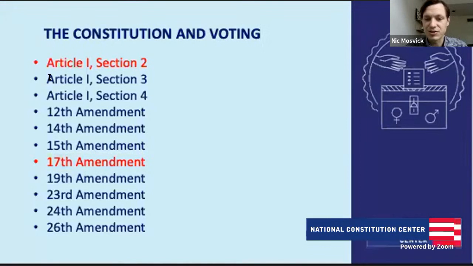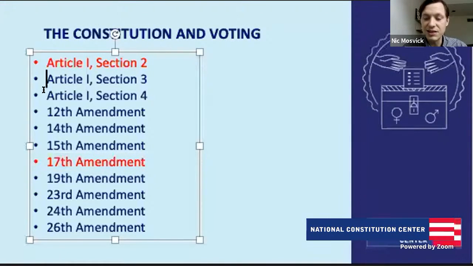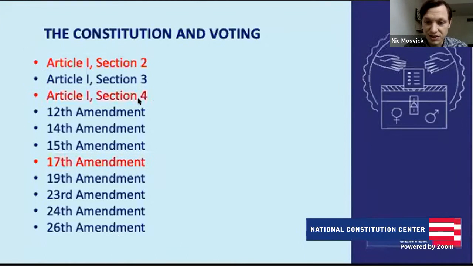Article 1, Section 4 leaves the time, place, and manner of elections to state legislators. It's subject to regulation by Congress, but this is significant, right? Again, we're talking about federalism, and this provision says that states get to make the very basic rules for voting. And that's significant because that's still true.